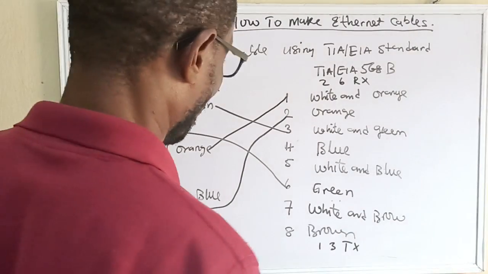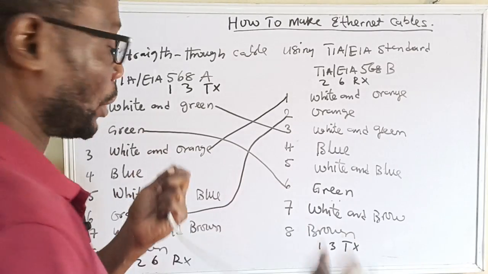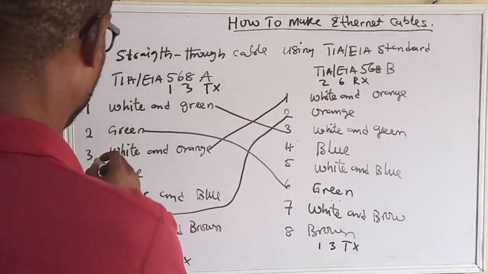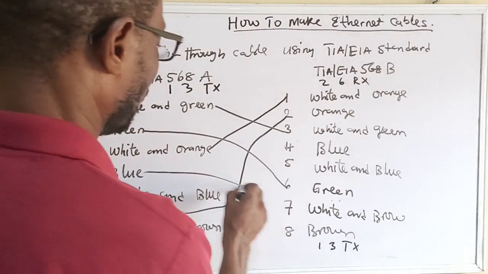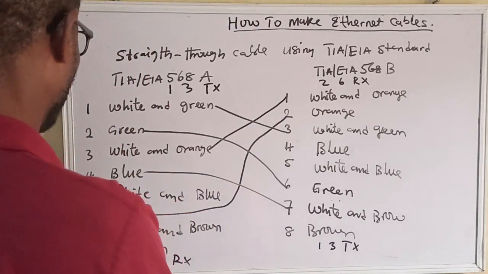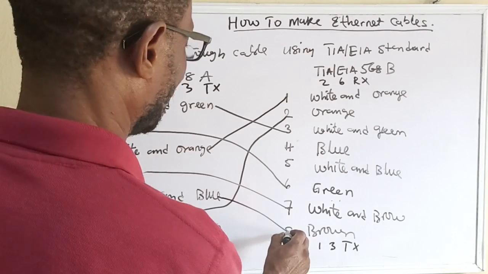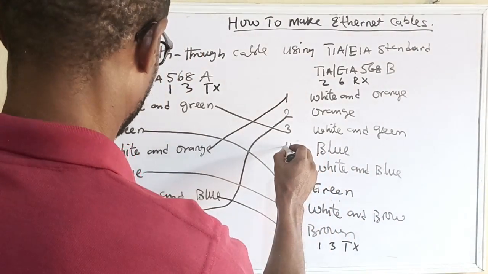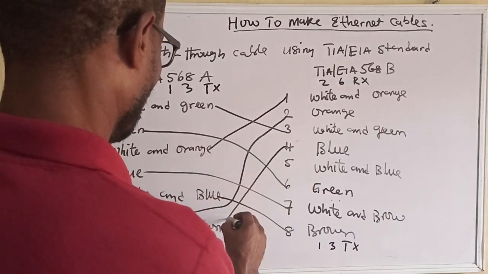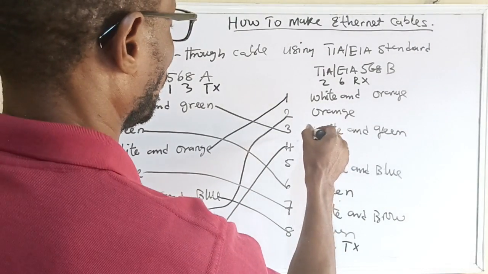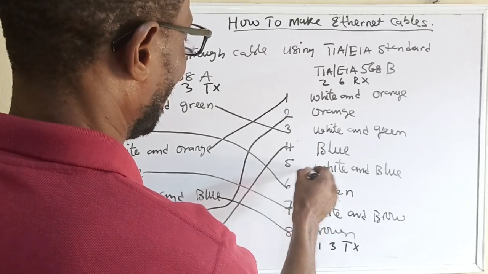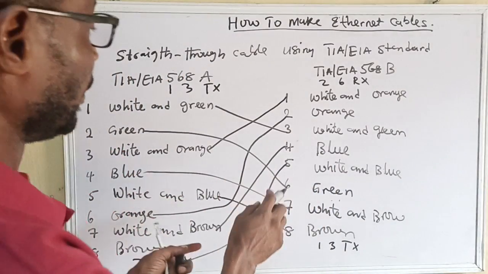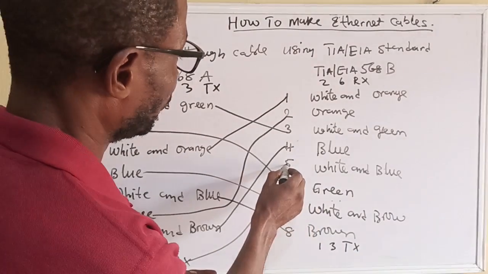So for doing this cable, I selected 4 to 7, and 5 here to 8. From this side, the fourth is to 7, and 5 here is 8. You can see it's in the form of crossover.